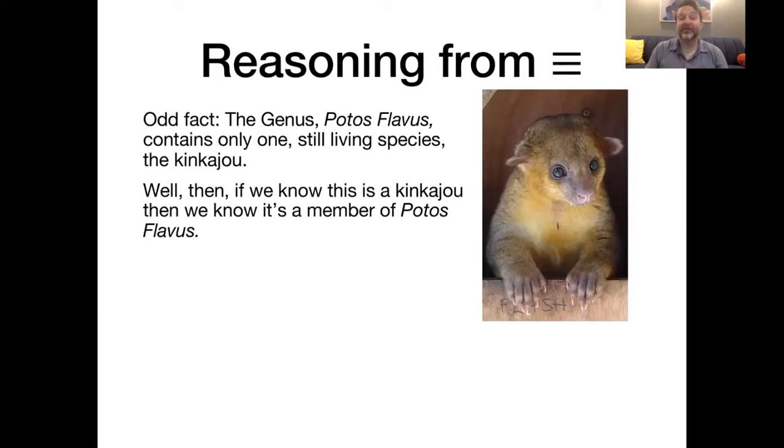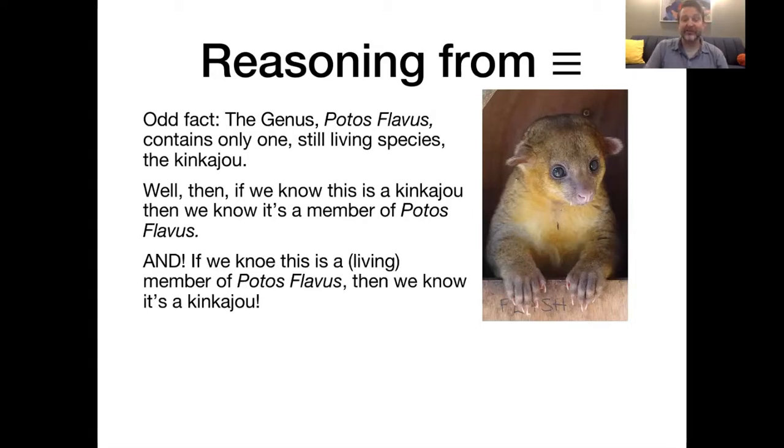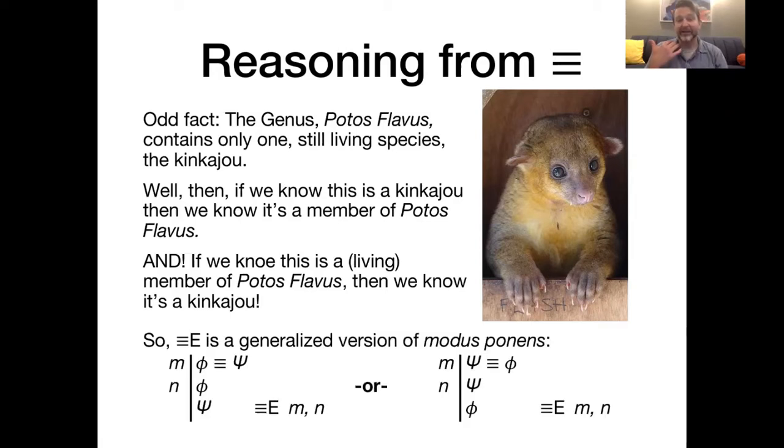Well then, it follows that if we know that this is a kinkajou, then we know it's a member of Podus flavus. And if we know this is a living member of Podus flavus, then we know it's a kinkajou. So we can assert a biconditional between something's being a member of genus Podus flavus and something's being a kinkajou, and we can draw the inferences either way.